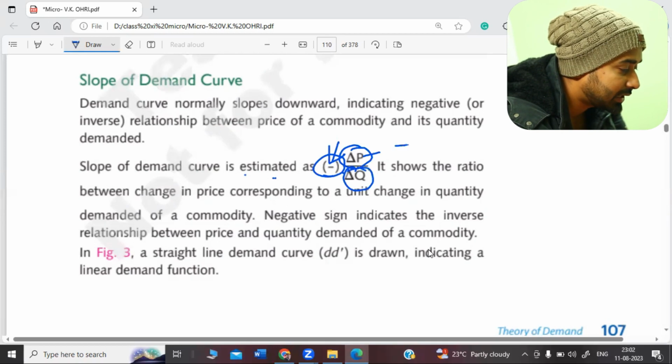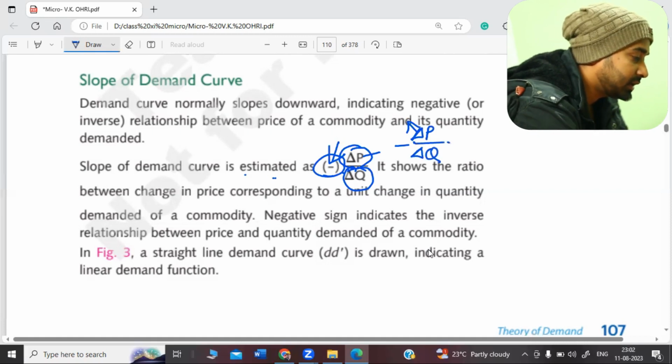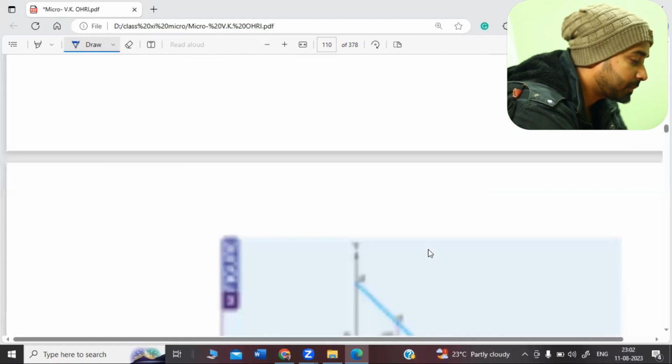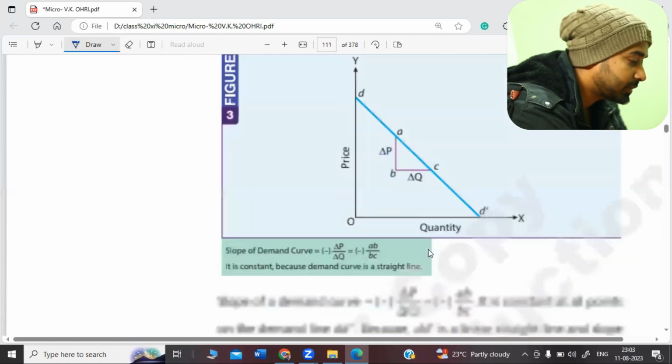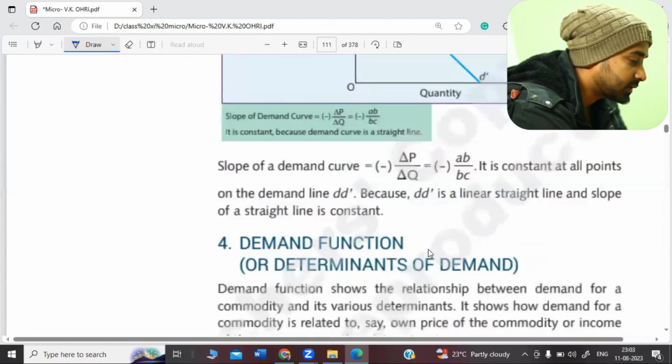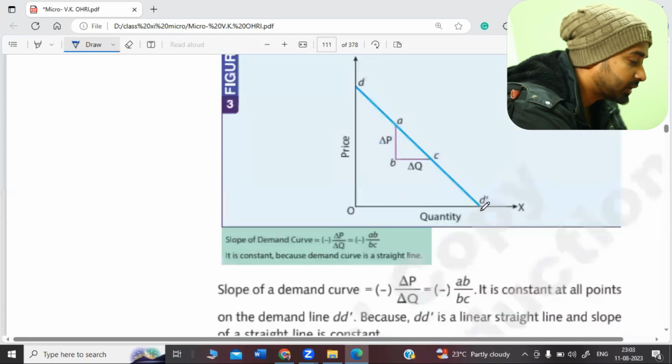Delta means change. If you change delta P, definitely delta Q will also be there. So this is the slope of the demand curve. Have you seen the slope of the demand curve? Yes, this one. I hope that's clear.